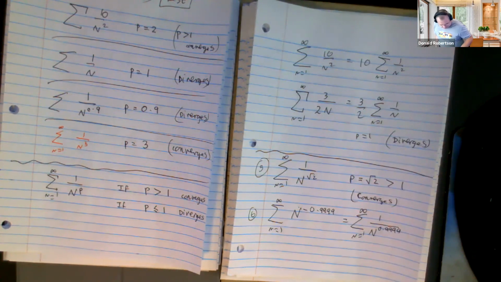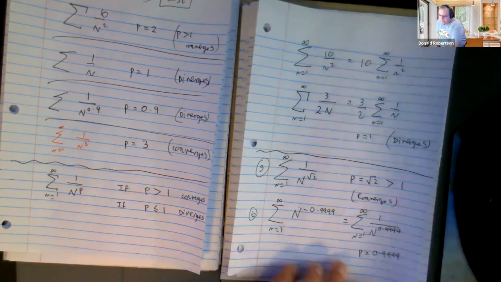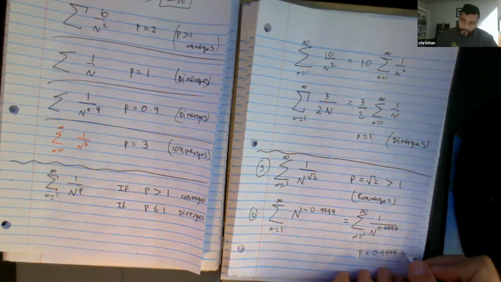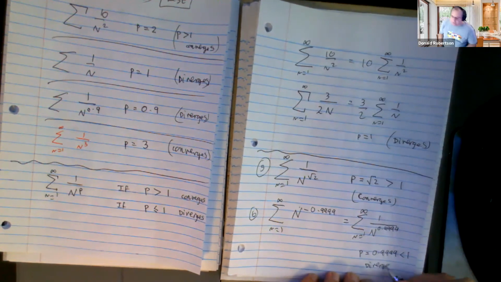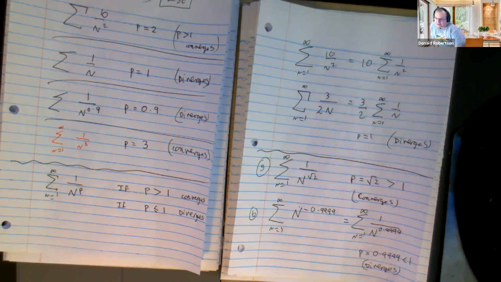Now, when I write it this way, can you see that the p-value is a rather weird looking decimal? Agreed? But isn't it also a weird looking decimal that's less than 1? So what? Converge or diverge? Diverges. And we are finished. P-series is our friend, doesn't it? It at least reduces our workload.